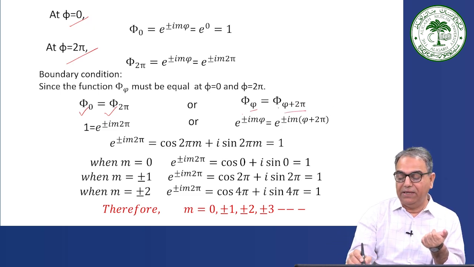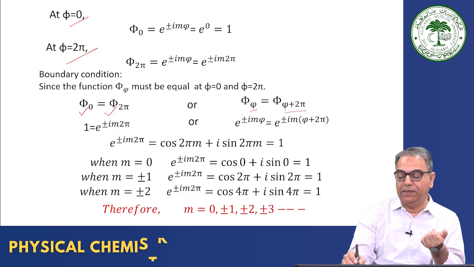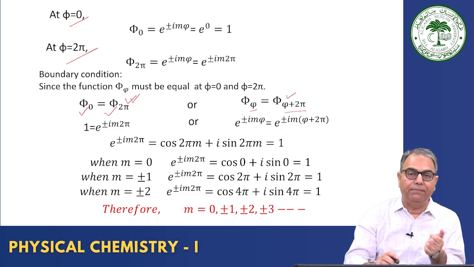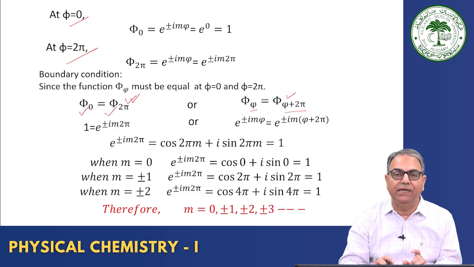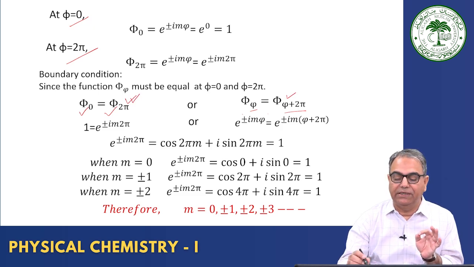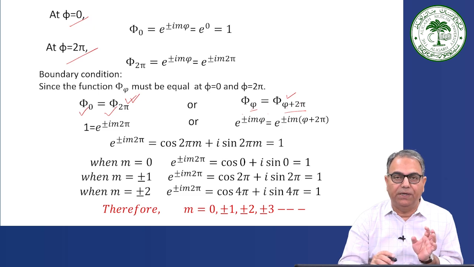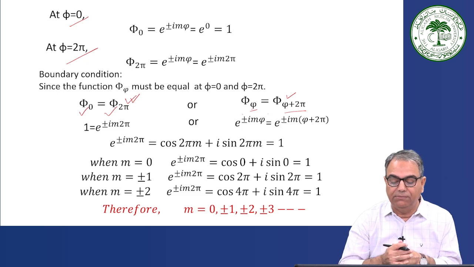So, you say phi is equal to phi plus 2 pi. This is the boundary condition. So, the boundary condition in the rigid rotor for the phi angle is that the wave function value at phi is equal to the wave function value at phi plus 2 pi. If phi is equal to 0, then phi is equal to 0 is equal to phi is equal to 2 pi. Both are the same thing.